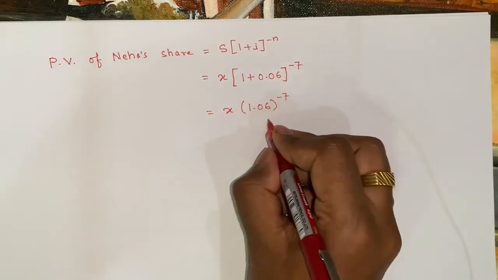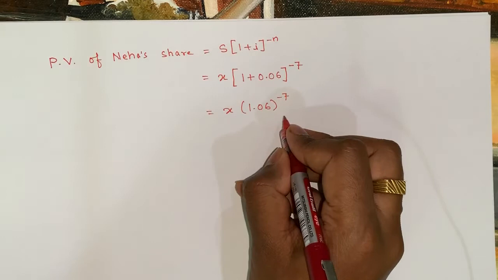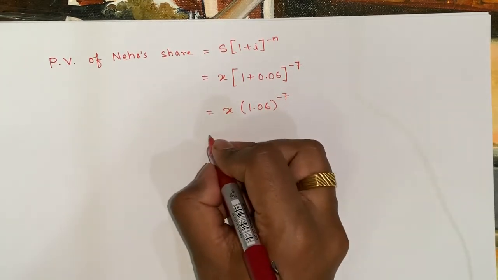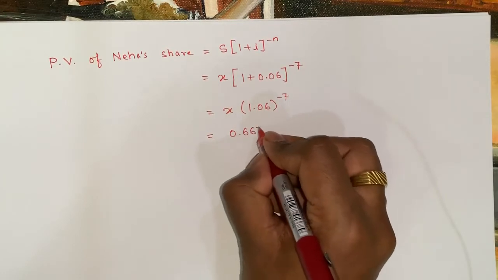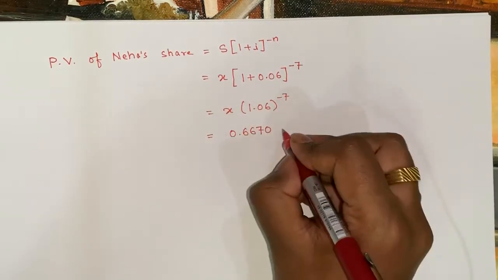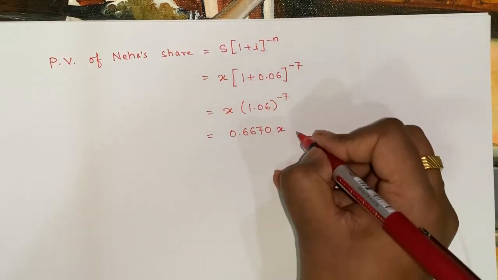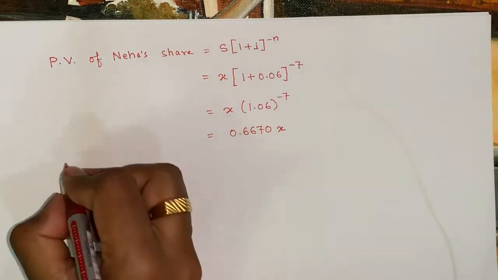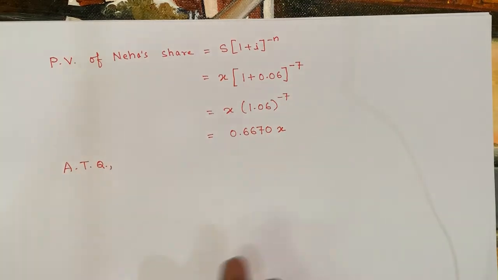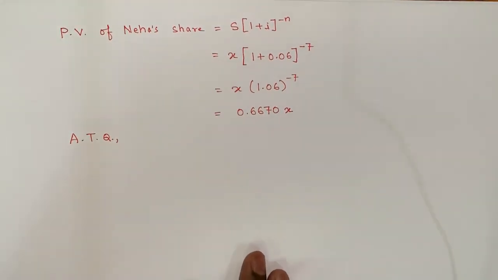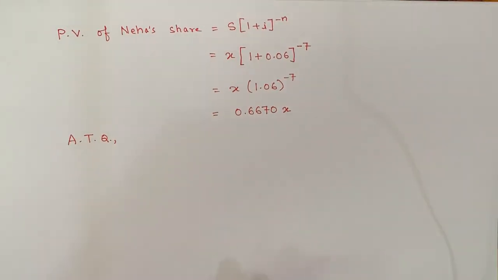Again we will find the value of 1.06 to the power minus 7 from the back side of the book, and we get 0.6670 multiplied by x, it becomes 0.6670x.